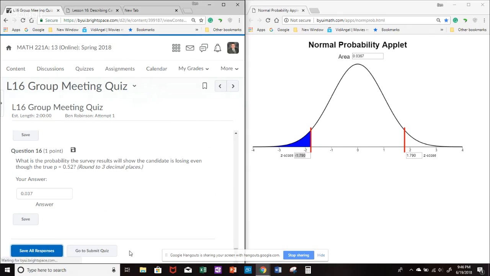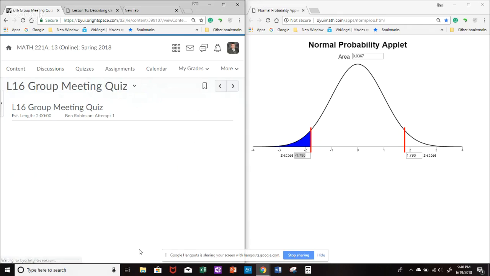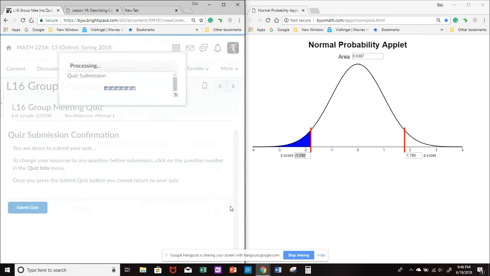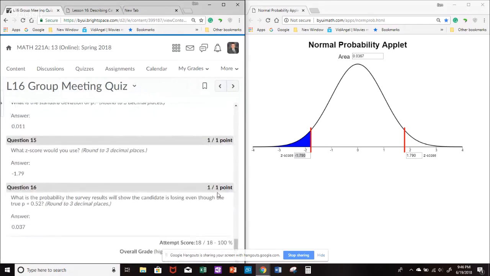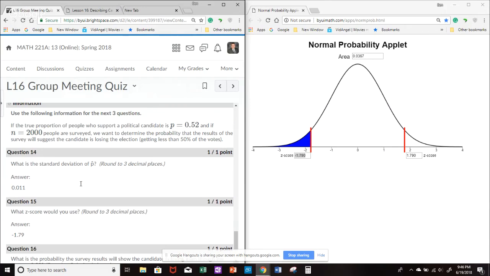I agree. Yes, Ben agreed. Okay. Let's submit it. Oh, 100%. All right.